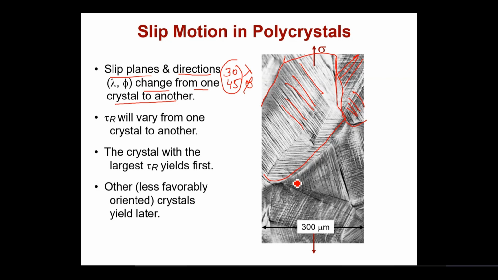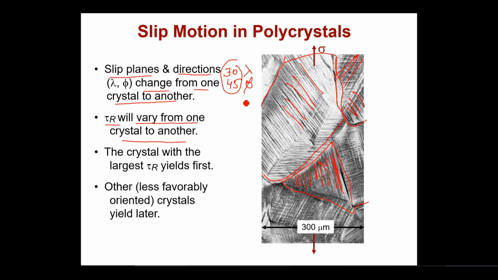Similarly, in some other grain, the angle might be different than this angle in this grain. So the resolved shear stress would vary from one crystal to another.